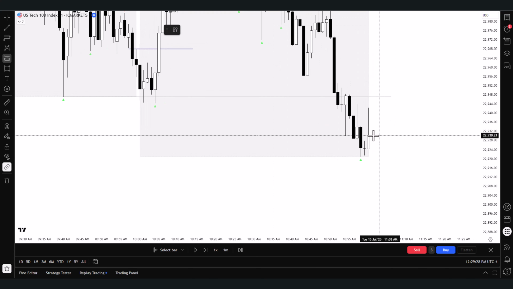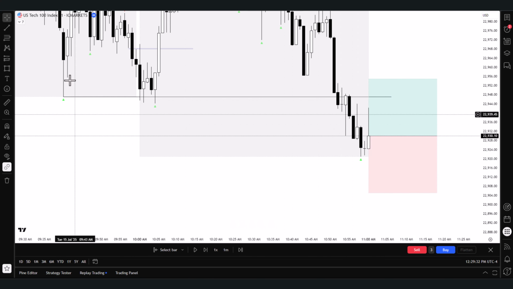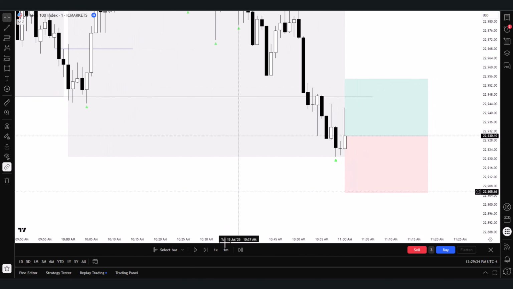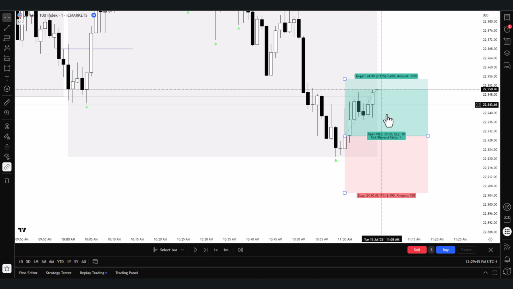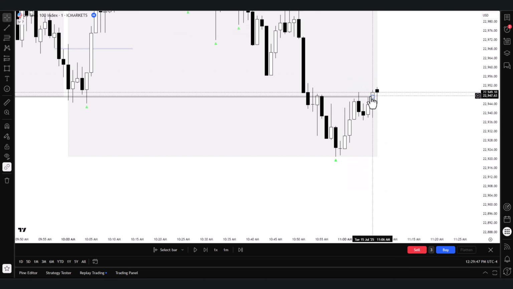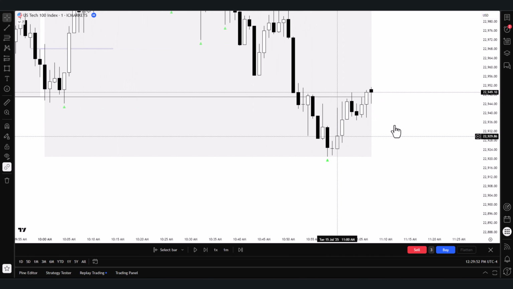We can enter here, but we haven't met another condition, which is closed inside any previous 90-minute cycle. Let's wait for this. Yes, price closed here inside this previous 90-minute cycle range and also made an inversion.